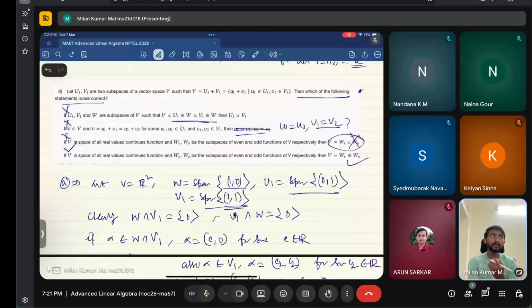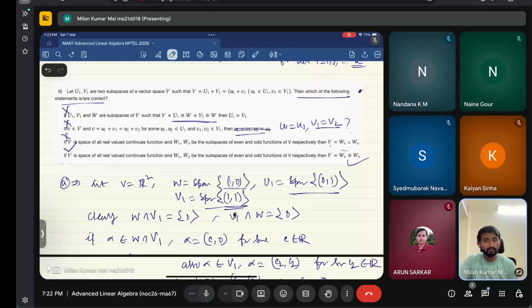But in the vector space setting, union is a very negligible fact, because most of the time it does not form a vector space, unless one contains the other. But sum is something very different: two subspaces can be added.